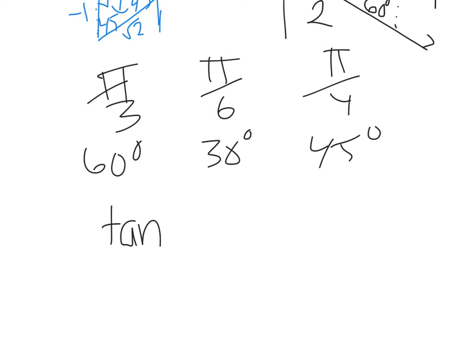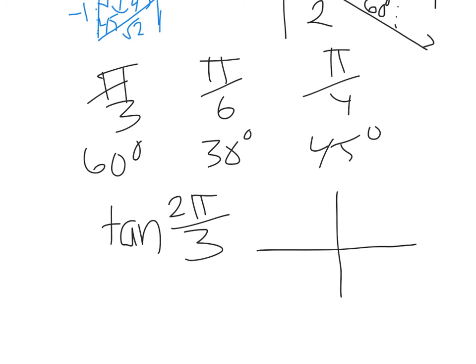So say I wanted to do tangent of 2 pi over 3. You could think, at this point you probably will, 2 times 60, which is 120. But you're going to come to think that it's in quadrant 2 because pi, which is 180, would be 3 pi over 3. So it's a pi over 3 less than that. So I'm dealing with this difference being pi over 3.